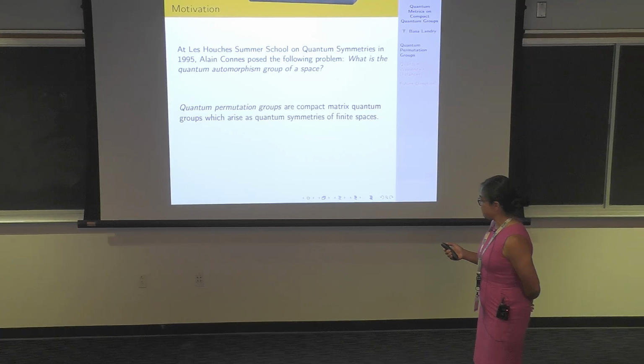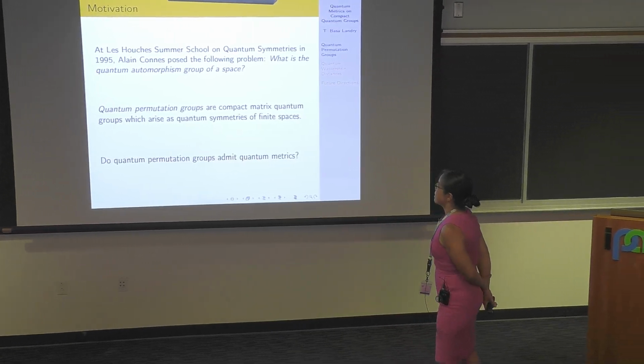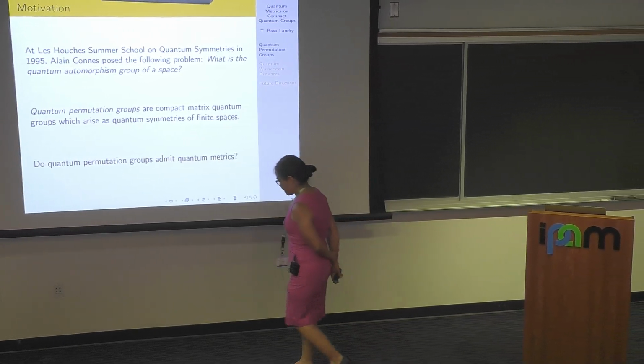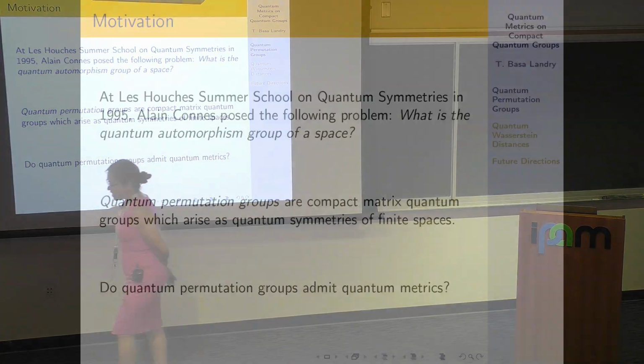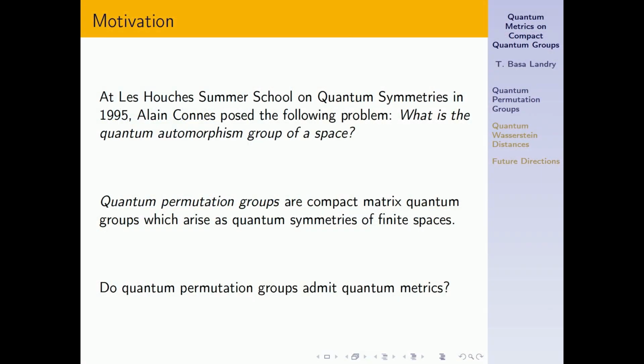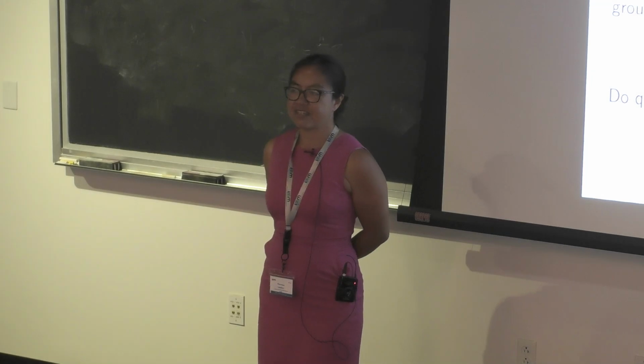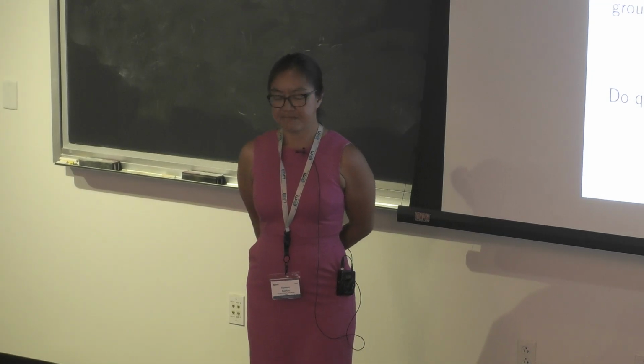In development of an answer to that for this case, Wang, who was a student of Rieffel, developed the theory of quantum permutation groups. And so the motivating question for our project was, do quantum permutation groups admit quantum metrics?